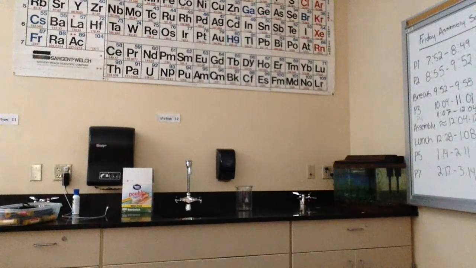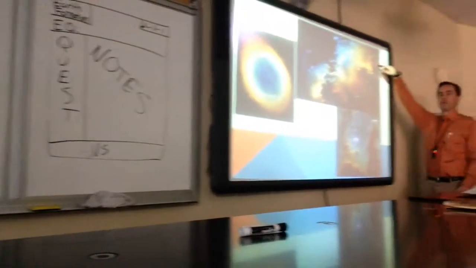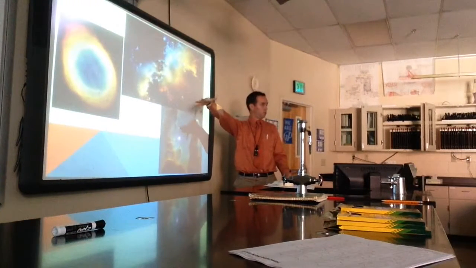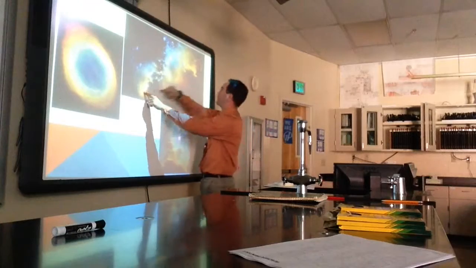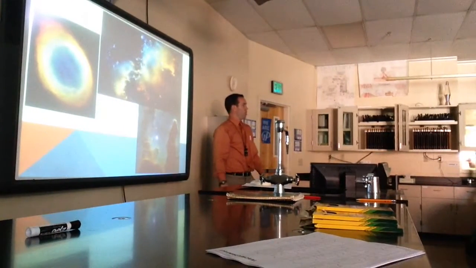Think about the firework thing: if a star blew up over here, it would take somewhere in the neighborhood of 100 million plus years for the things over here to recognize that light had shone. It would take 100,000 years for the light to go from here to here, is how big that thing is.